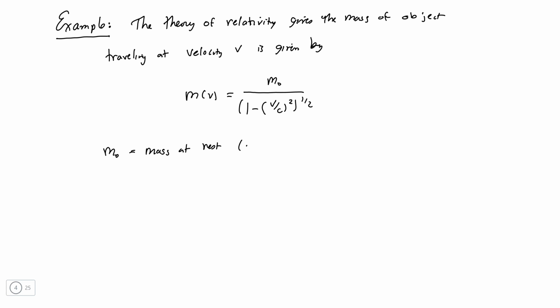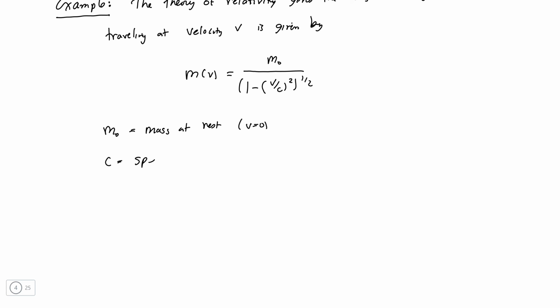So in other words, if v is equal to 0, that's what the mass should be, and you can just plug that in and see that that's what that should be. c is the speed of light, so this is a constant, and this is approximately 299,792,458 meters per second. So it doesn't so much matter what it is, but it's a constant there.